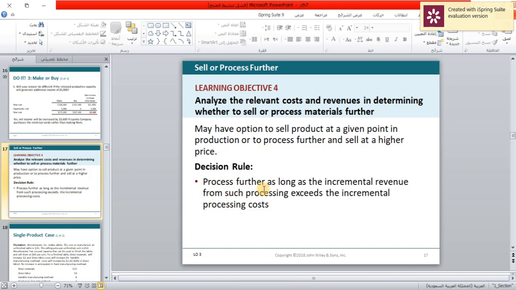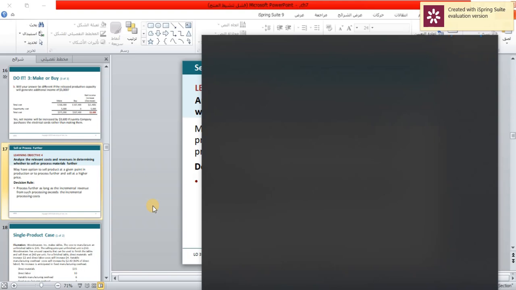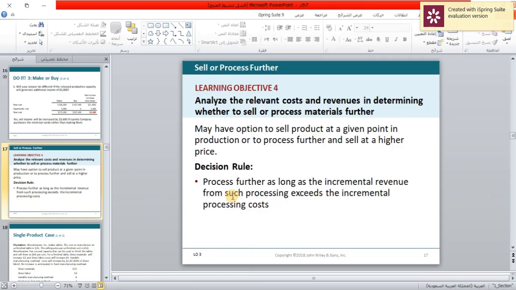Process further as long as the incremental revenue from such processing exceeds the incremental processing cost, because the difference will increase net income.